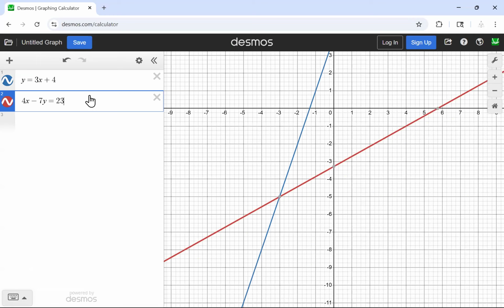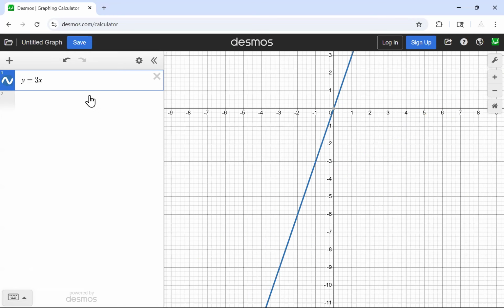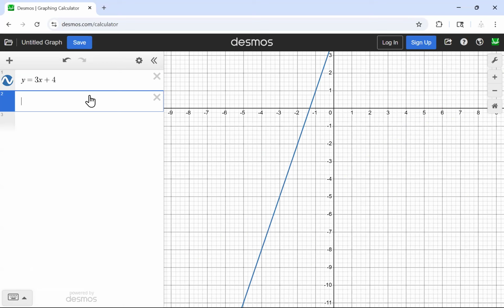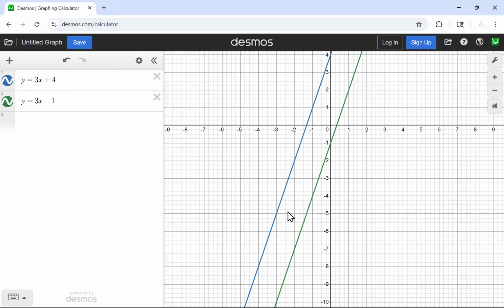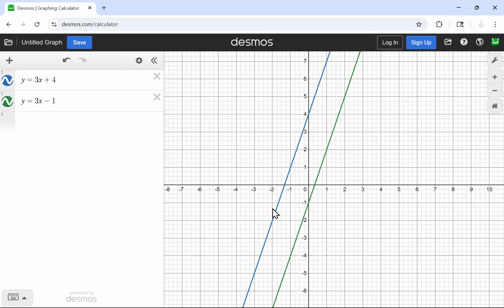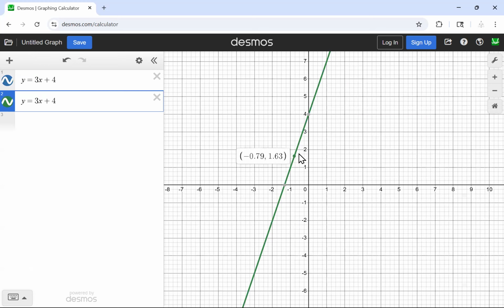But on occasion, we might end up with a scenario in which the lines are parallel and then they never cross. Or we might end up where the two lines are right on top of each other, and then every point on this line is a solution.